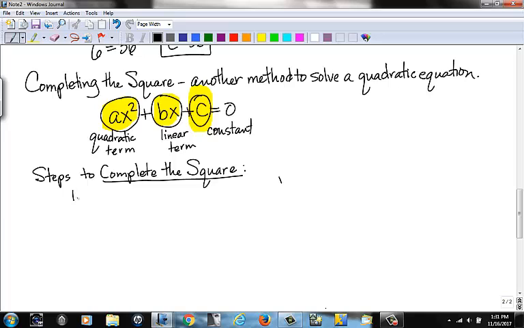Okay. First, most of the time it's going to be in standard form equal to 0. So most of the time the equation is going to be in the form ax squared plus bx plus c equals 0.